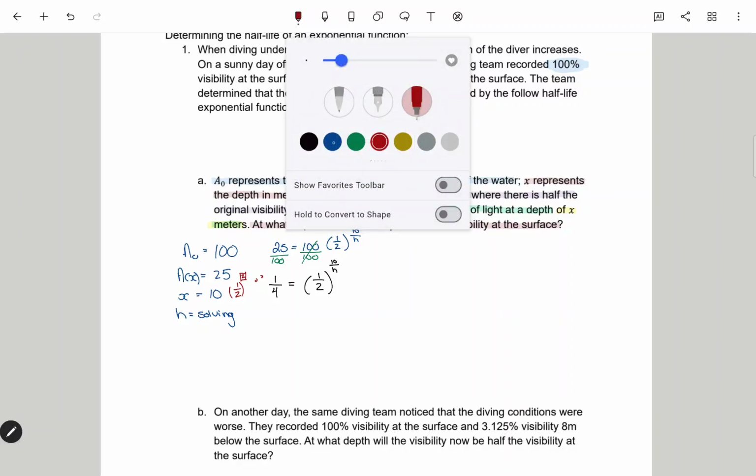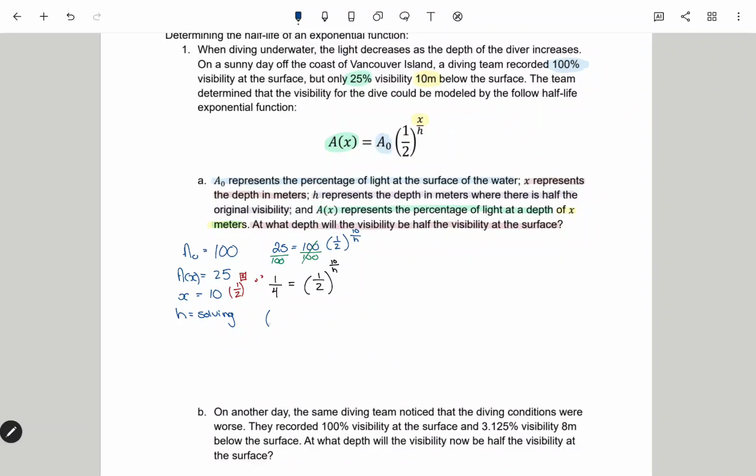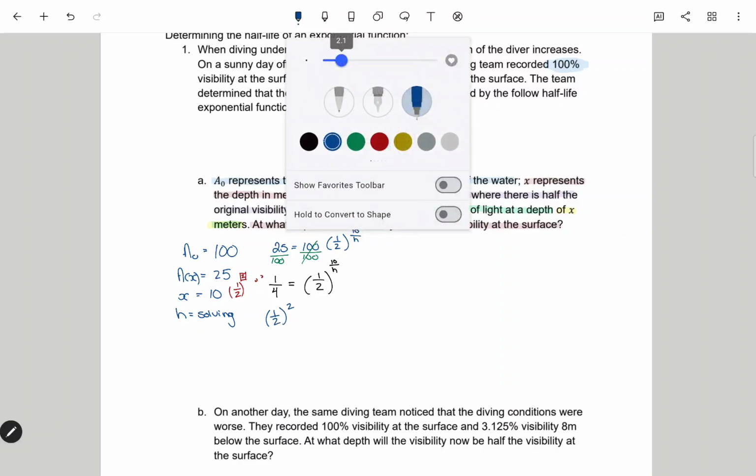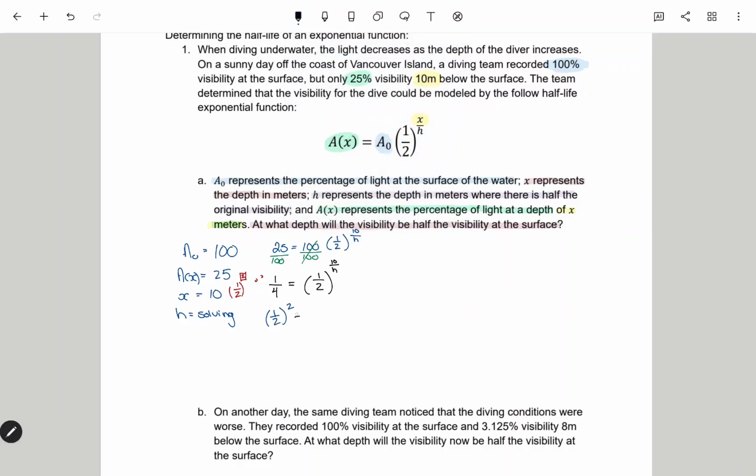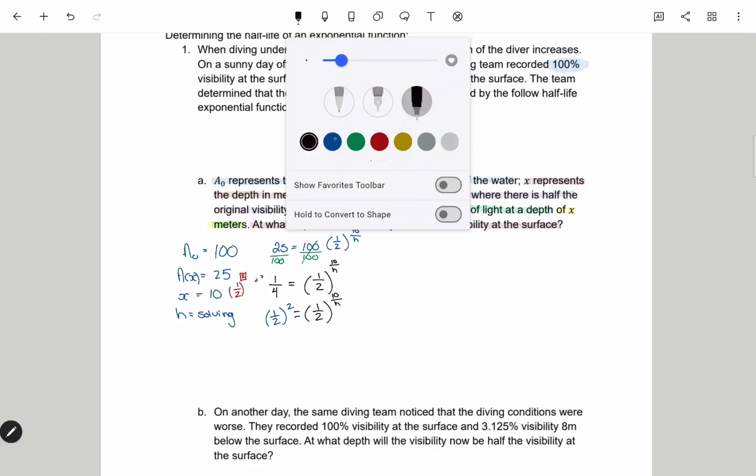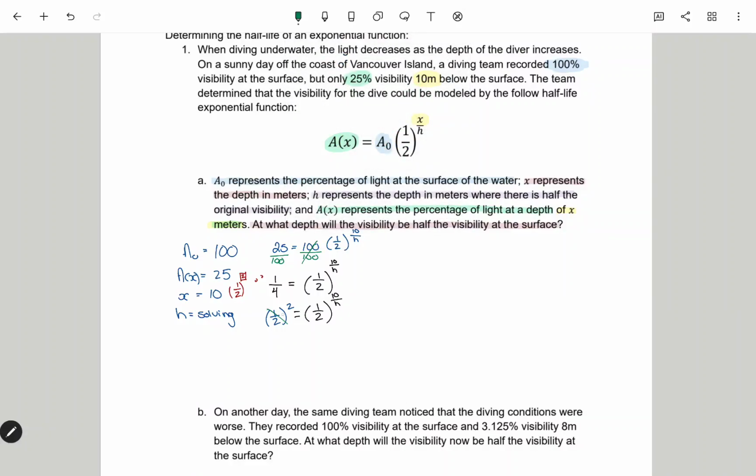So I can rewrite this left-hand side to be 1/2 squared. And of course we didn't do anything to the right-hand side, so we're just going to write that down. Now that I have my bases the same, we can cancel those bases and set our exponents equal to each other.